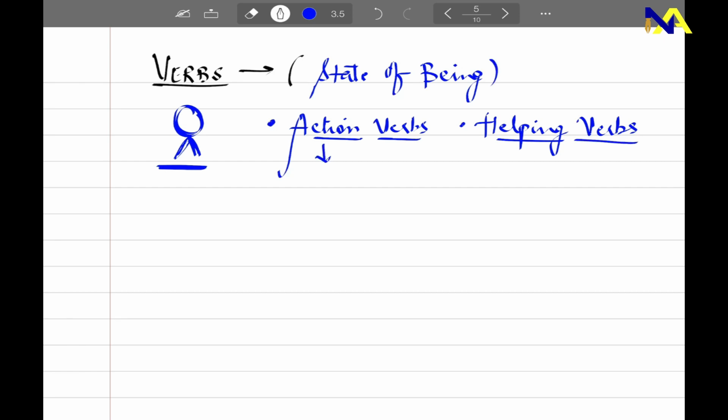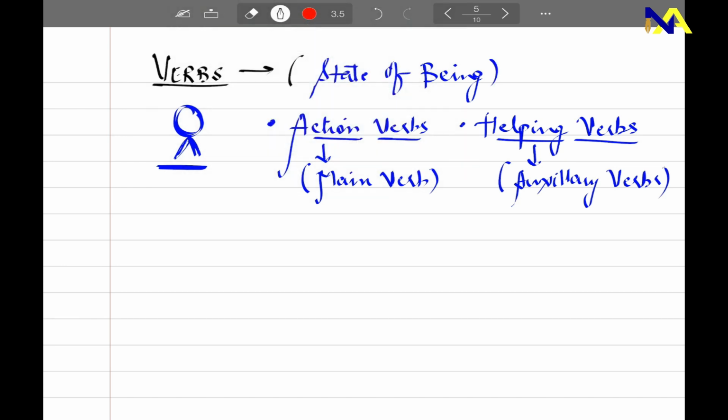Action verbs are also known as main verbs. Helping verbs are also known as auxiliary verbs.